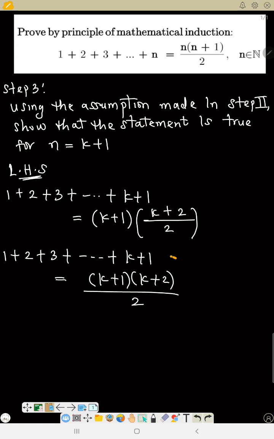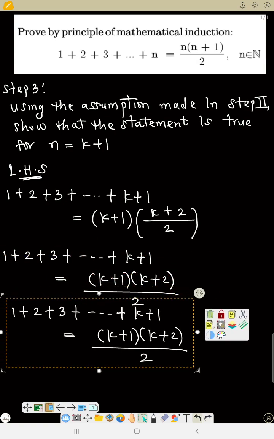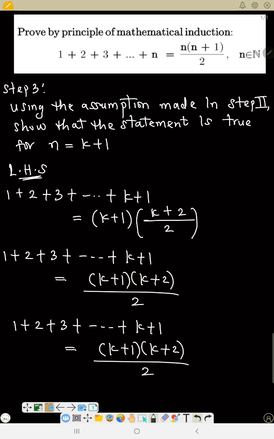This is equal to, because our aim is to change everything in terms of k plus 1. So how can you change k plus 2? Do you agree k plus 2 is k plus 1 plus 1, because 1 plus 1 is 2?